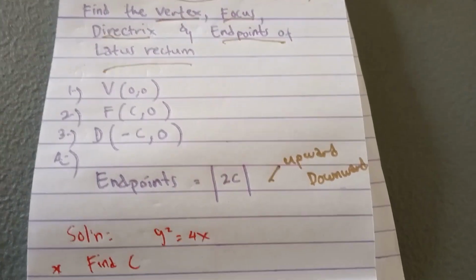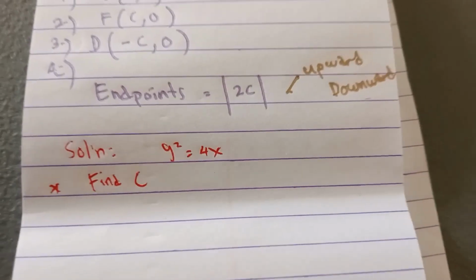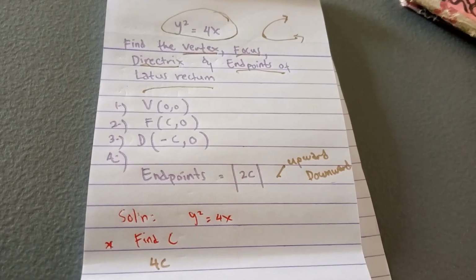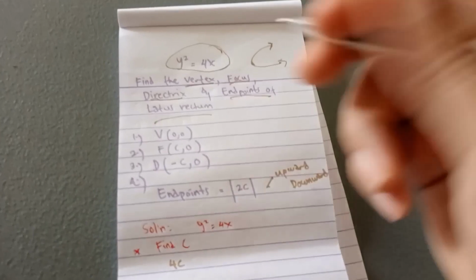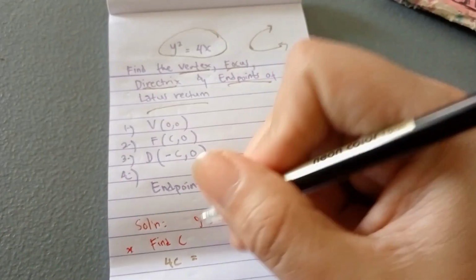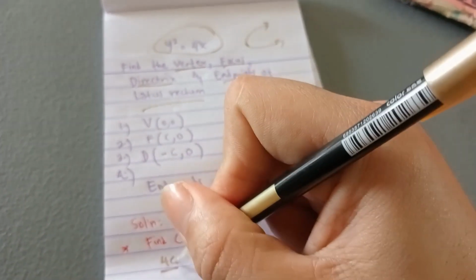Sa ating solution, copy lang natin ang given problem, y squared equals 4x. First, we need to find the value of c. Always remember that c is always positive because we are talking about distance. Is it understood? To find c, write 4c, then copy the given number, 4. So, ano yung katabi ni c? We have 4.